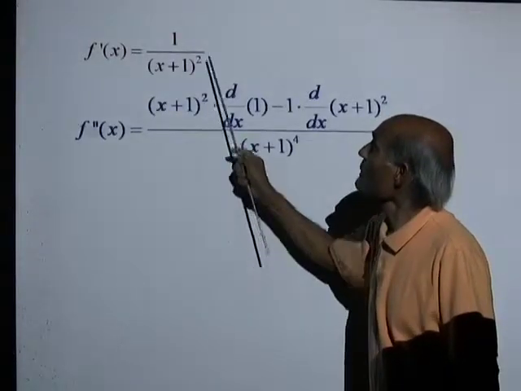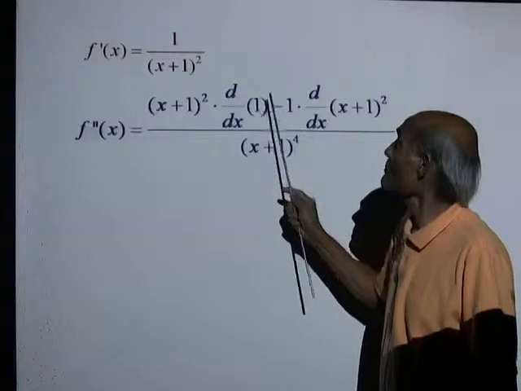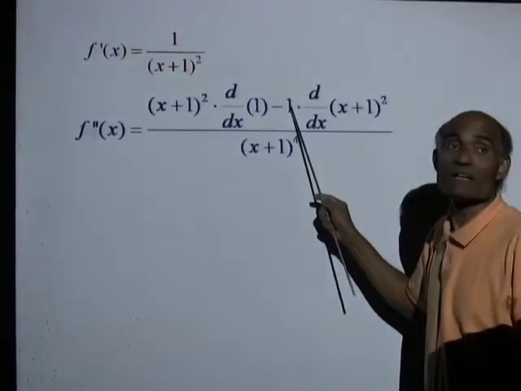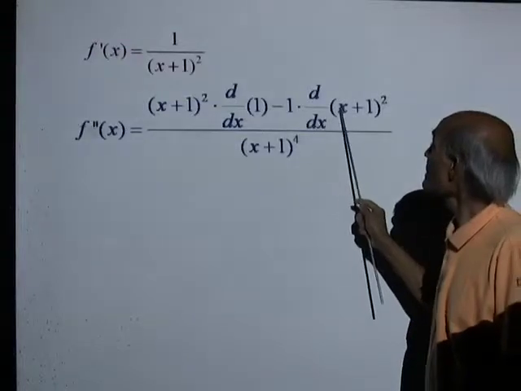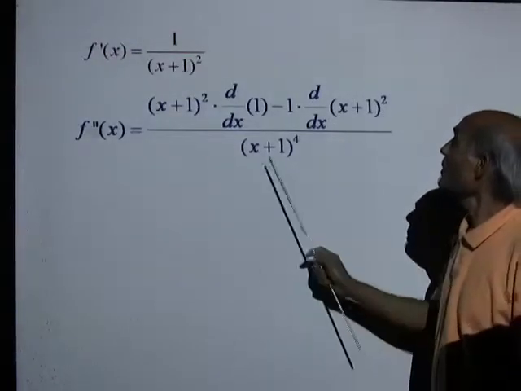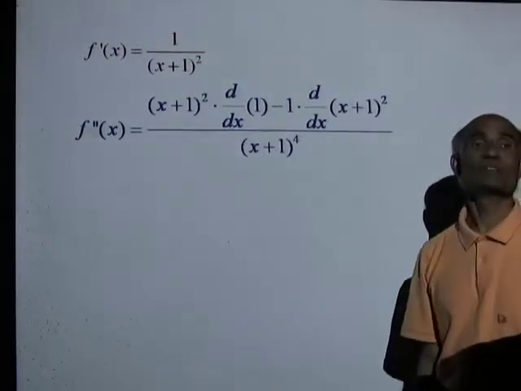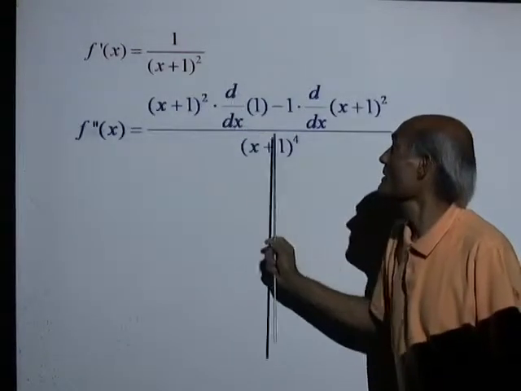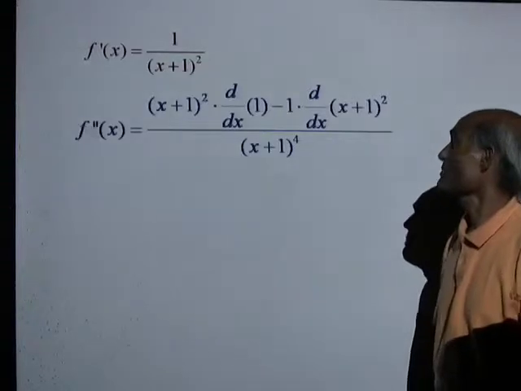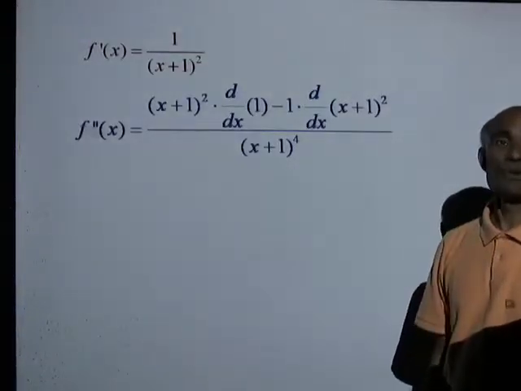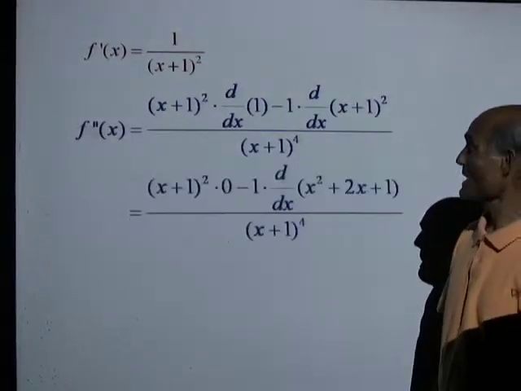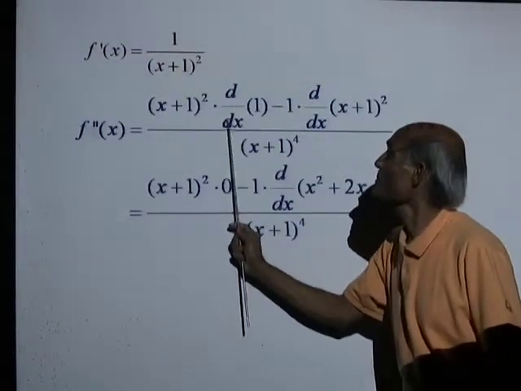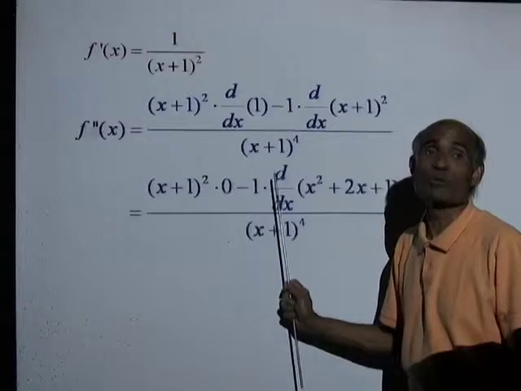Denominator multiplied by derivative of the numerator minus the numerator times derivative of the denominator, all over the square of the denominator. X plus 1 all squared becomes x plus 1 to the power of 4. Okay, let's try that. That will be x plus 1 all squared times the derivative of 1, which is 0.